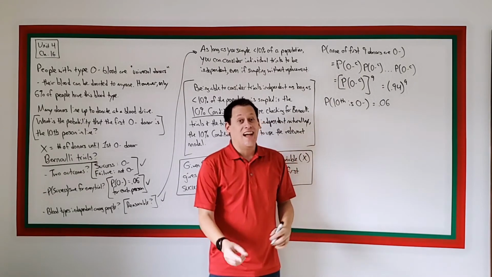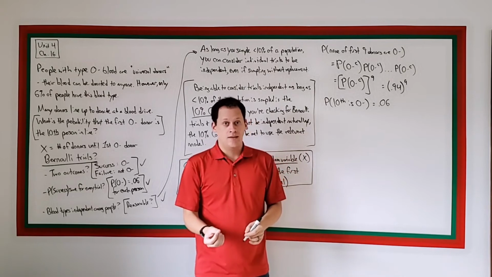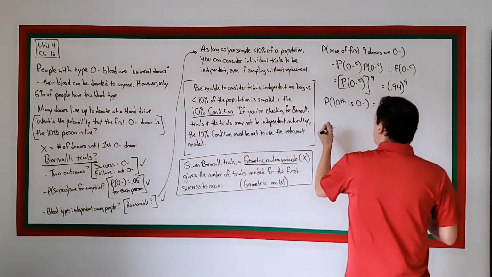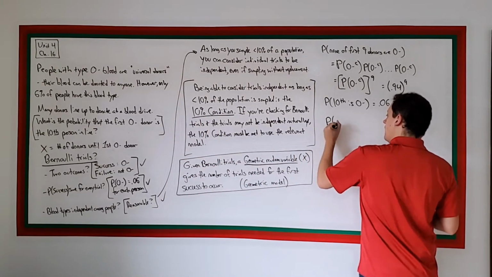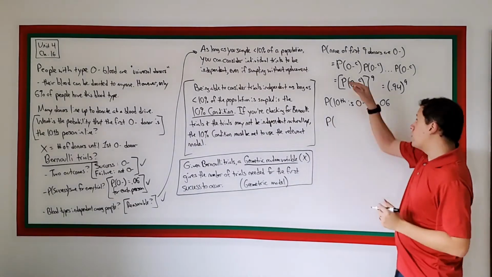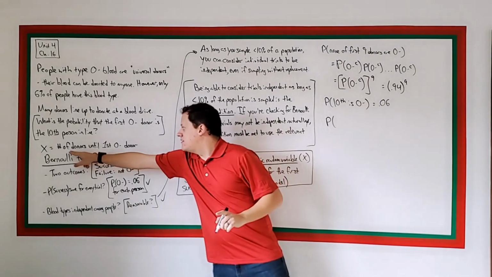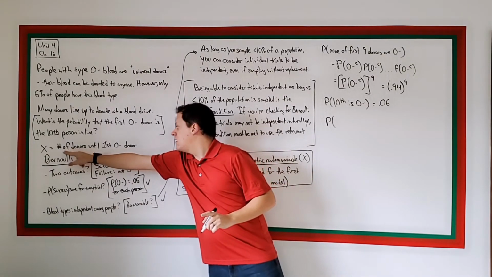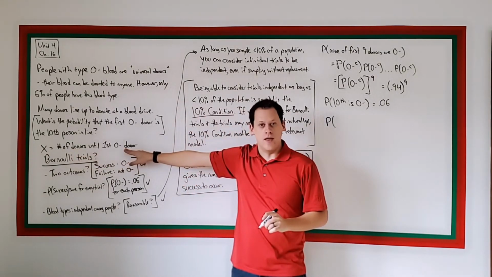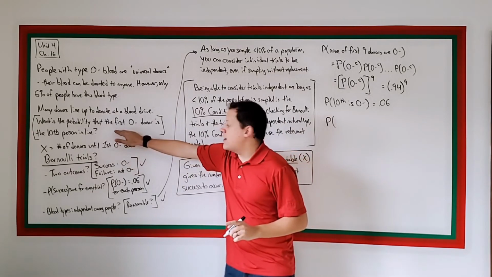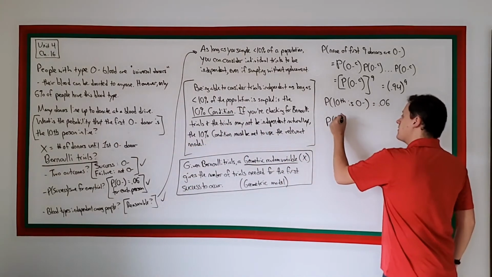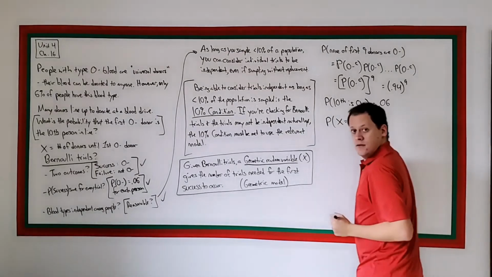And means multiply. So, the probability, and I could write this out in words like I have here, but we've already defined the random variable x to be the number of donors until the first O negative donor. So what we're trying to find here is the probability that x is equal to 10, right?